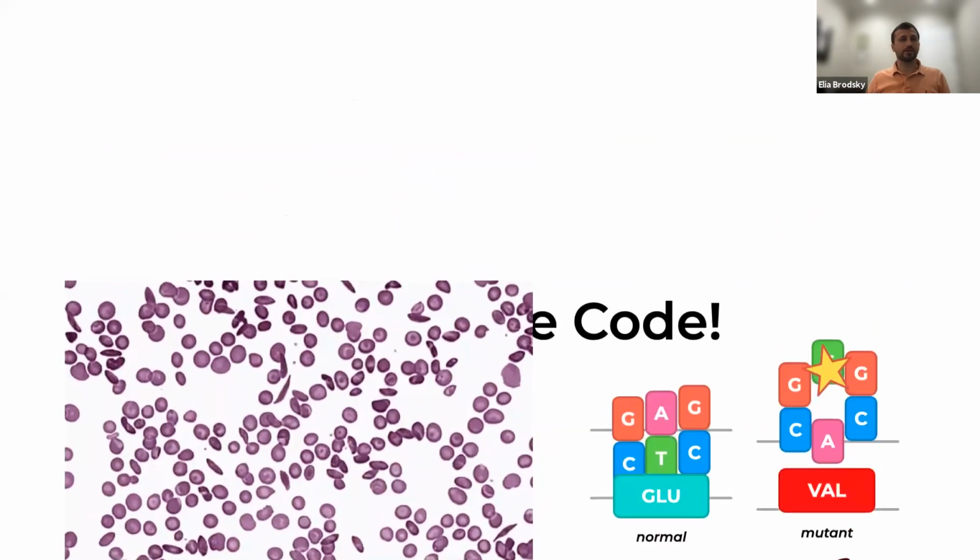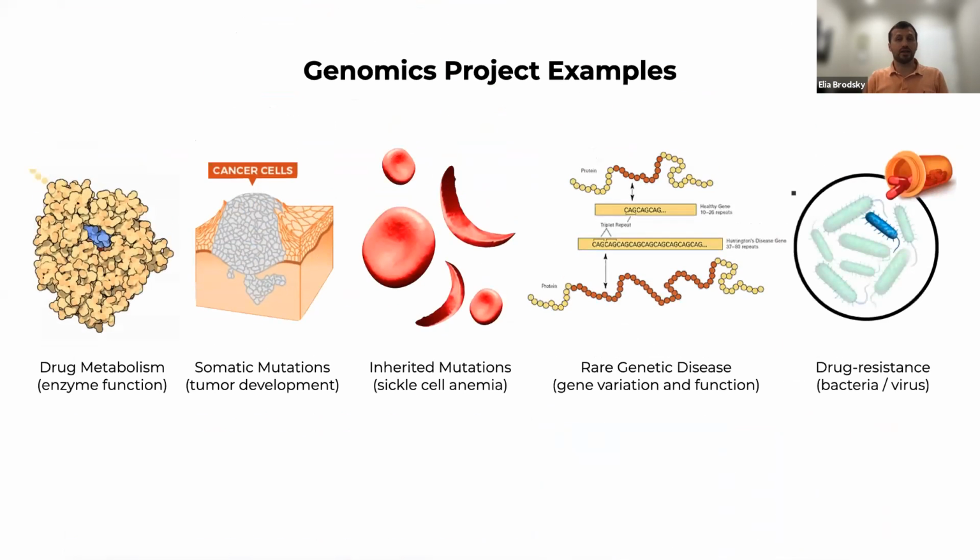Now, where is genomics applied, especially in the area of biomedicine? Genomics is extremely important for understanding drug metabolism. So we understand how different proteins are able to process different types of chemicals, and typically drugs are those chemicals that we want to make sure are metabolized properly.